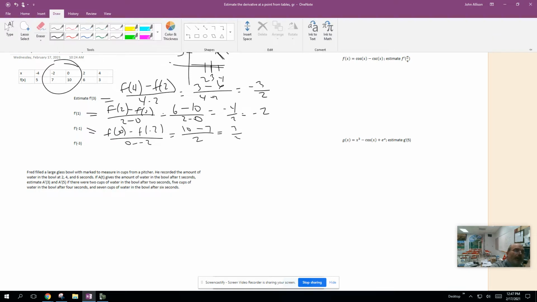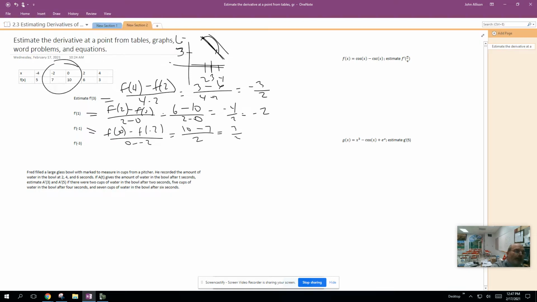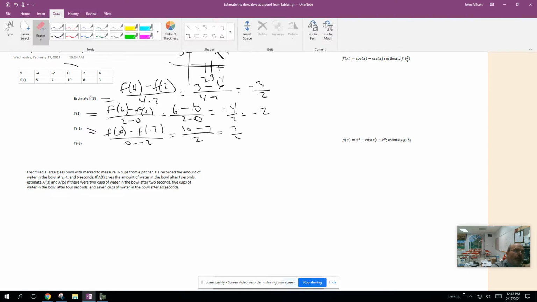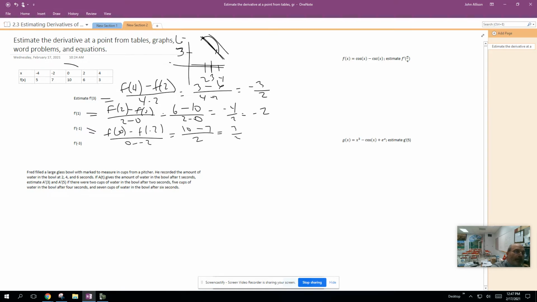And finally, if we're going to estimate f prime of negative 3, we're going to use points equidistant on either side of negative 3. We're given negative 2 and negative 4 for x values. So for f prime of negative 3, our estimate is going to be f of negative 2 minus f of negative 4 over negative 2 minus negative 4.